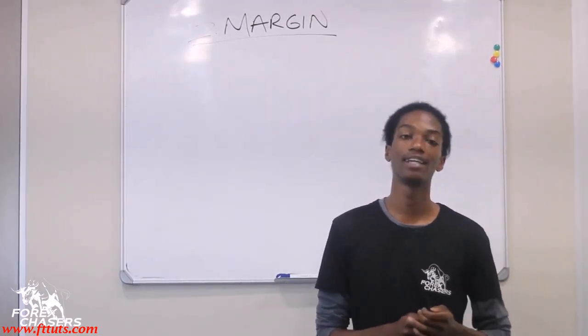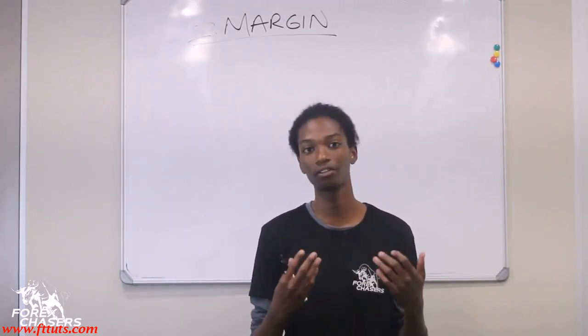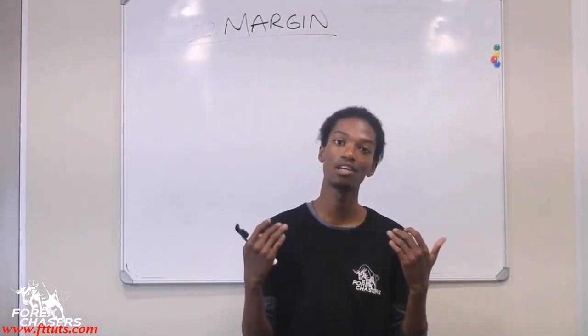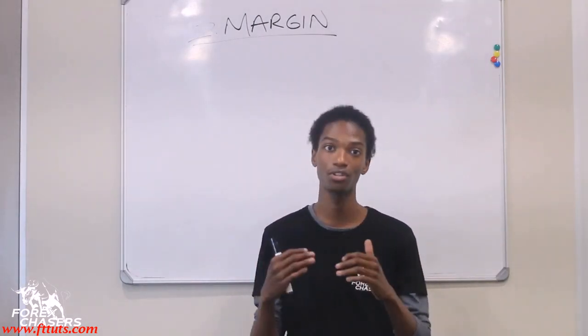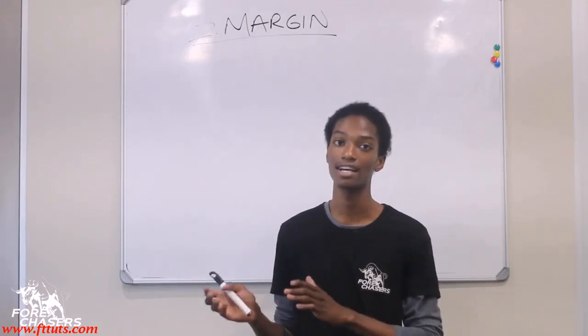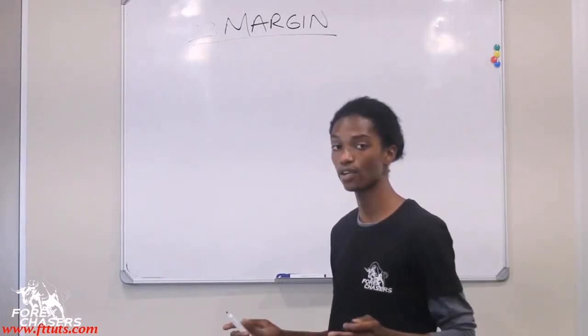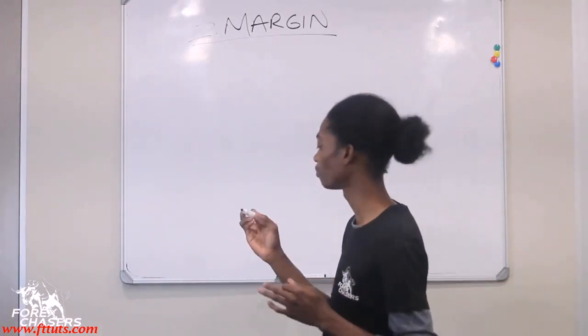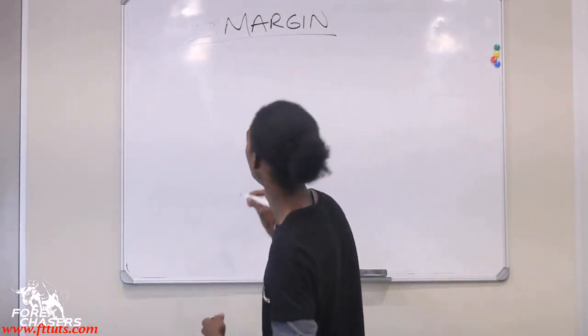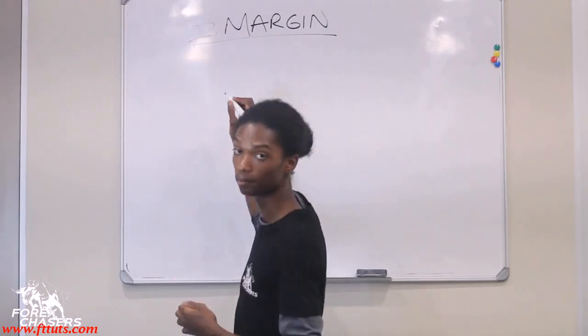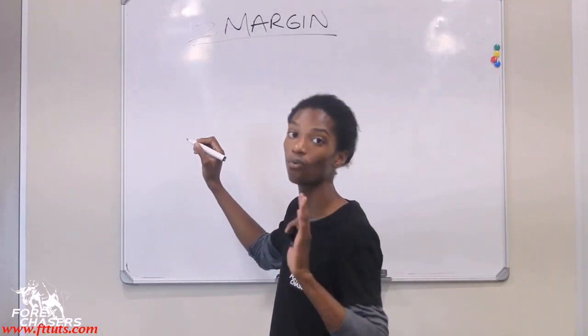Okay guys, so now we're going to get into how to calculate the margin that is required from your broker to open a particular position with a specific lot size. Let's say we wanted to open a position with our broker using 1 mini lot. Remember, 1 mini lot is 0.10.